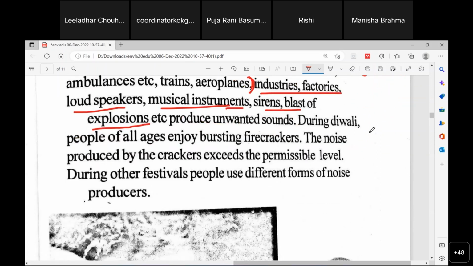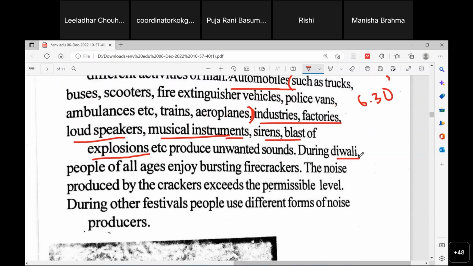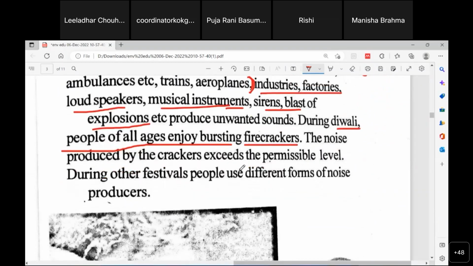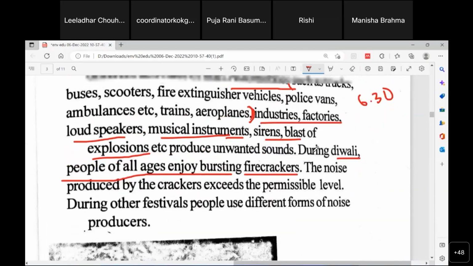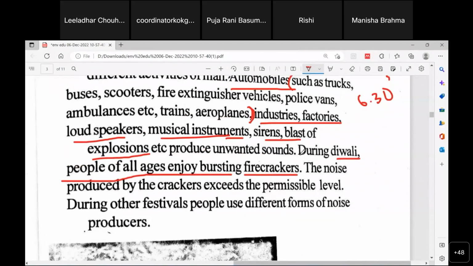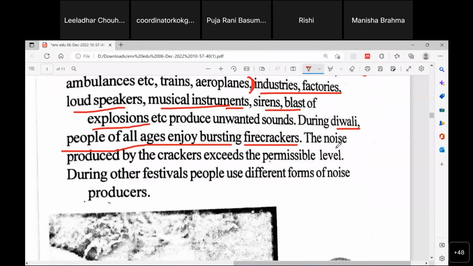Then come the festivals, another category, like Diwali and other festivals. So there is bursting of firecrackers, and in marriage parties also, and nowadays after a football match, high decibel crackers are burnt.